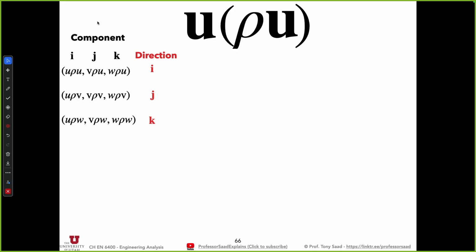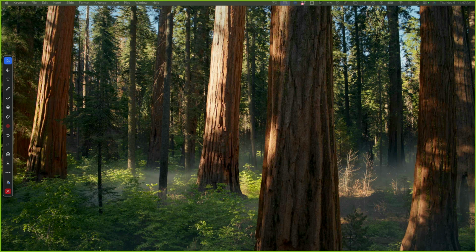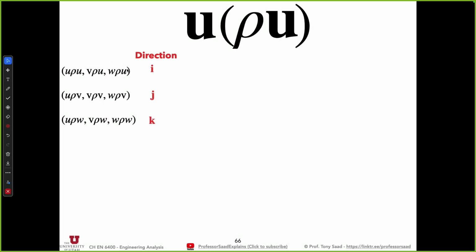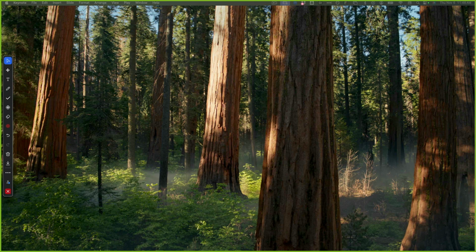I should swap. Sorry. So let me swap this. See, even I can get in trouble with this. Let me swap this. Okay. I will update the slides later because they're going to be everywhere moving forward. So you can see there's a combination of direction and component. Let me actually fix this right now. Okay, please. So this is component, my apologies. And this is direction.